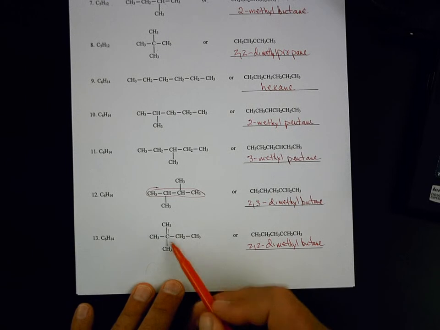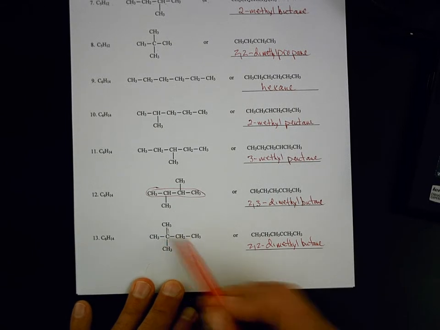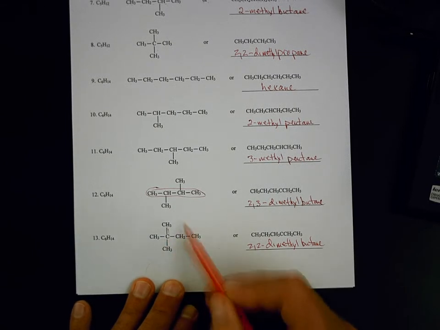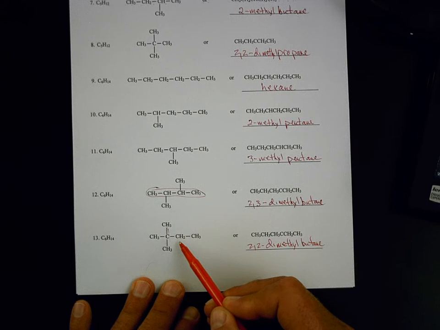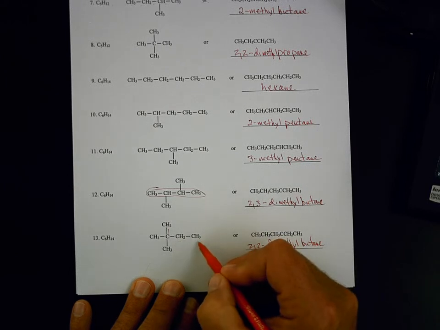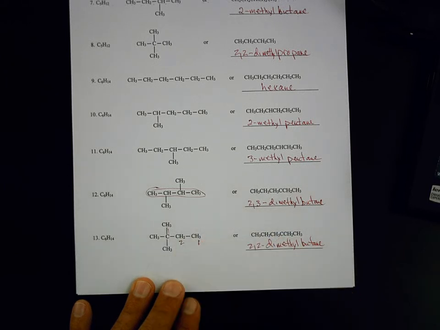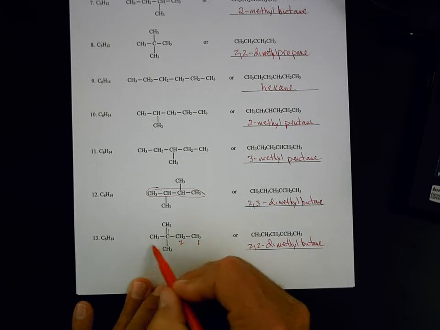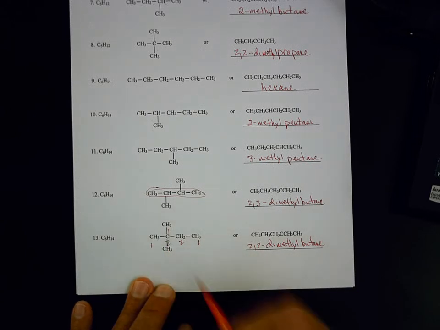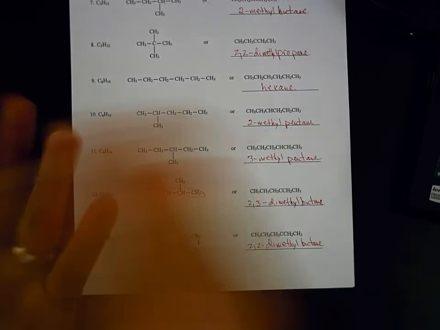And again, I can't have a 3,3 because if I put them both on this carbon, that would be number 2 again, but they would be number 2 from that side instead of number 2 from this side. So there's always that symmetry.